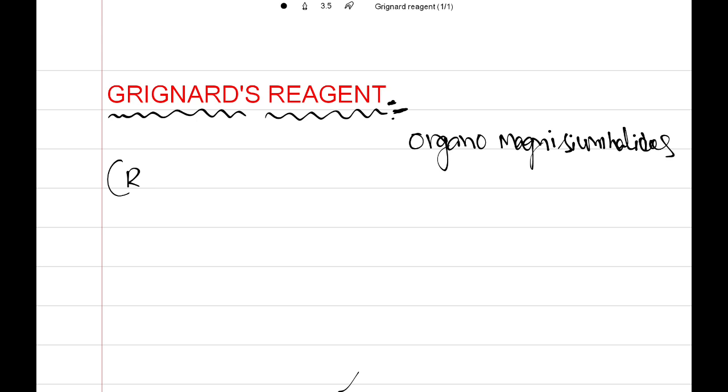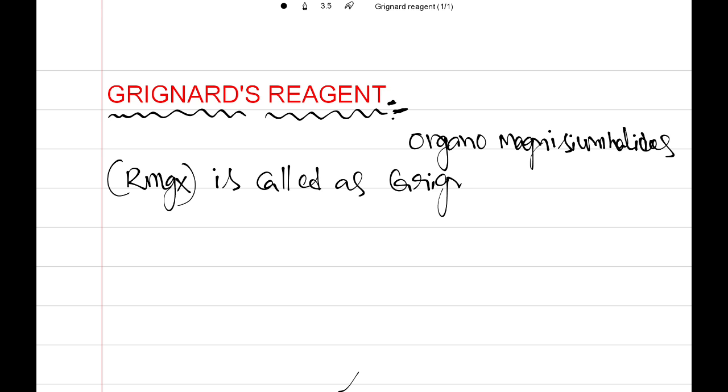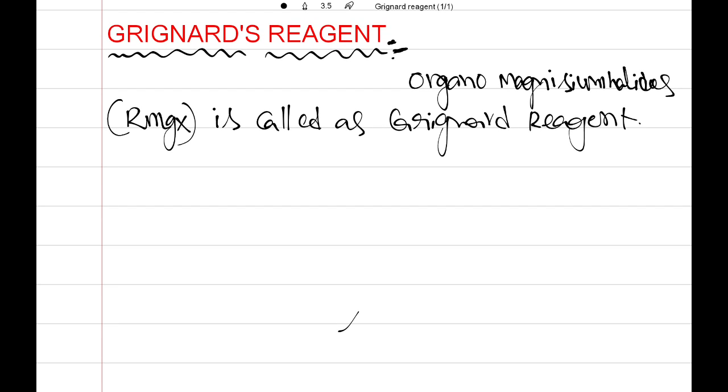Simply we can say RMgX is called the Grignard reagent. If you observe the Grignard reagent RMgX, here R is the alkyl group, followed by magnesium and halogen.